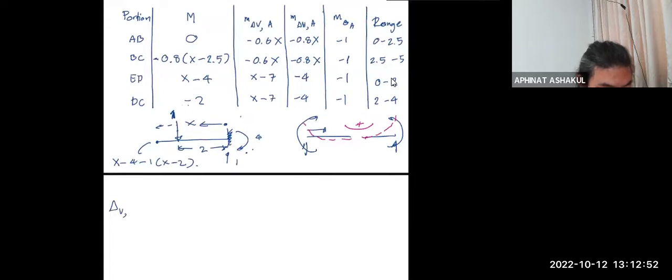Delta V at A. Now this is this chunk, right? Because that's the moment when we apply the vertical unit load at A. So you multiply this together to get the virtual work corresponding to that. This becomes the integral from 2.5 to 5.